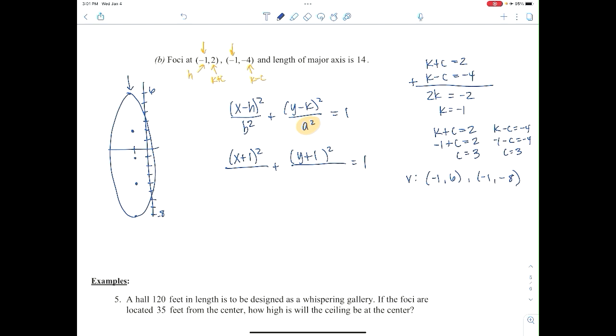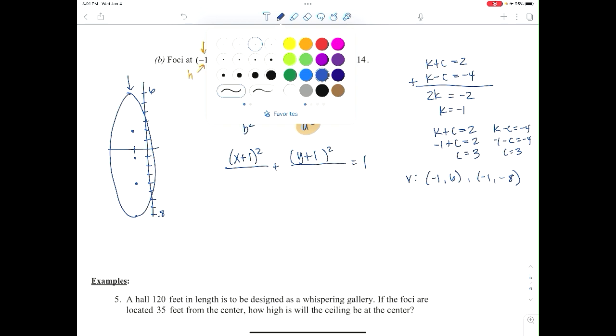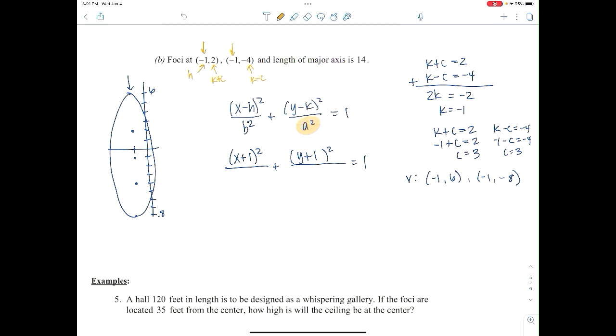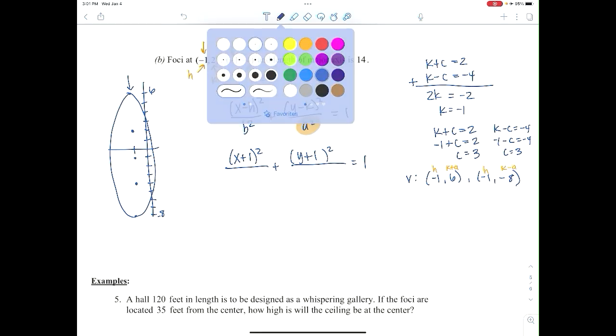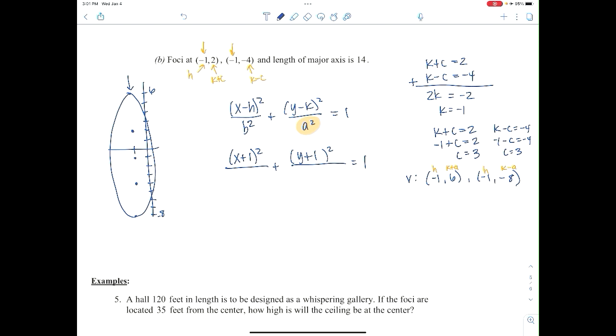Because we're not on the origin, we're shifted onto a different point. So the vertices tell us not only is this the h, but this is k plus a, and this is k minus a. So we're given our a in a roundabout way.